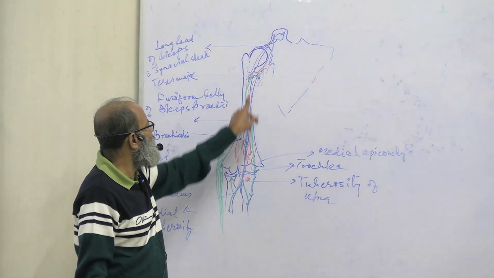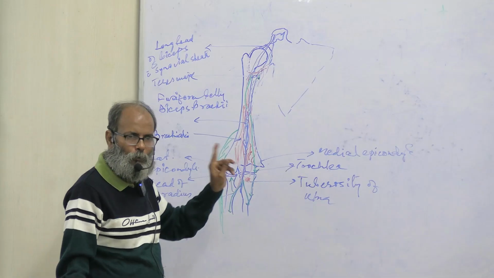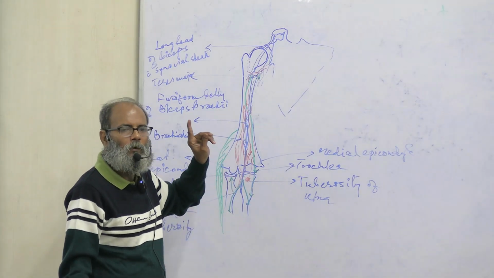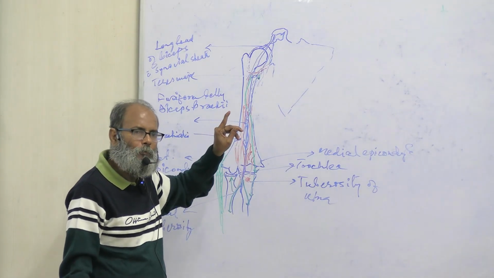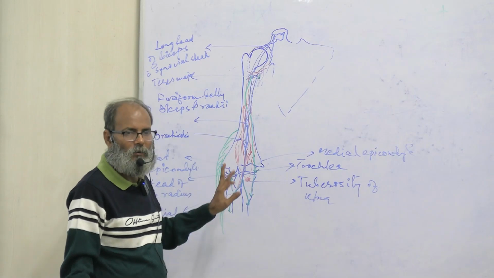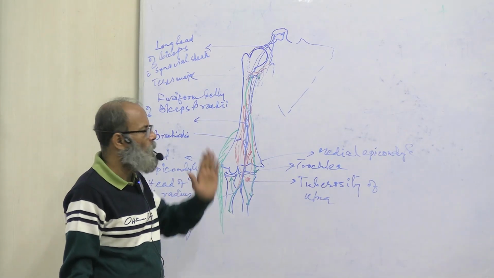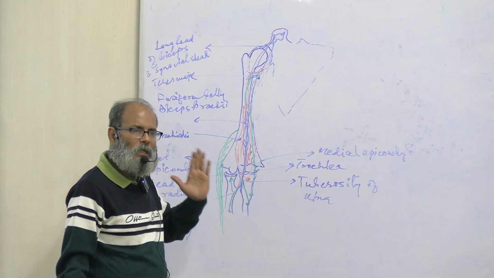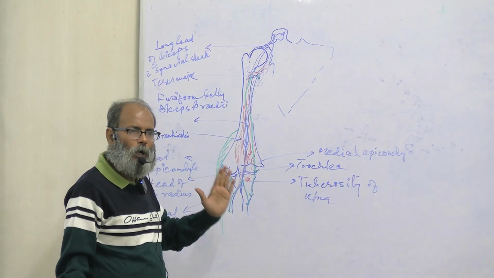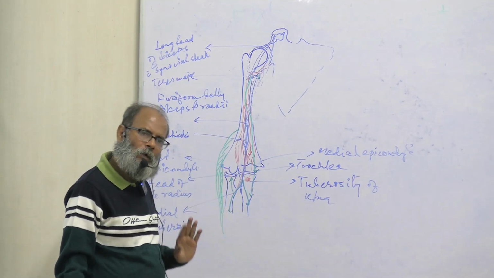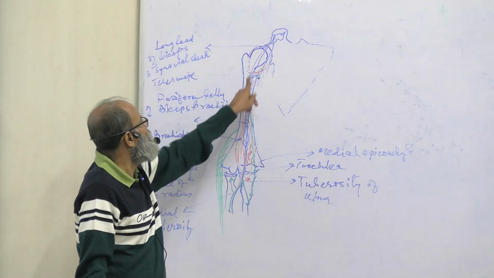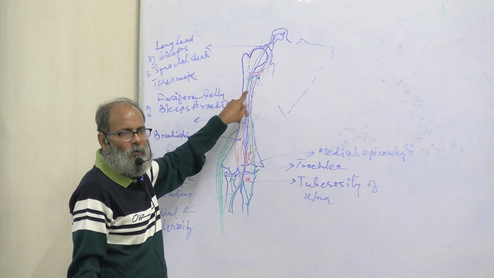Remember, coracobrachialis is medial, and short head of biceps is lateral. Got my point?